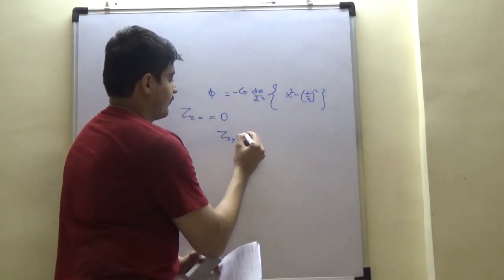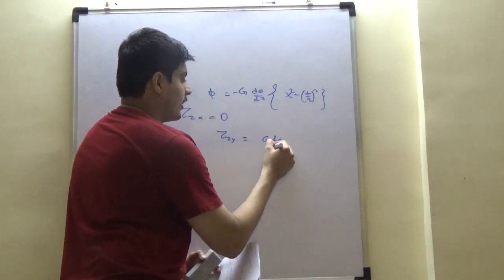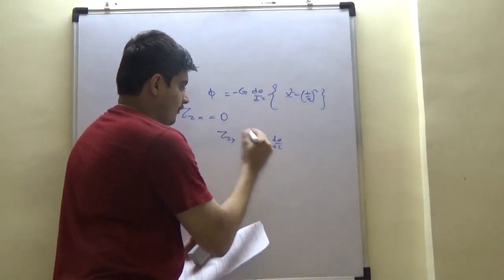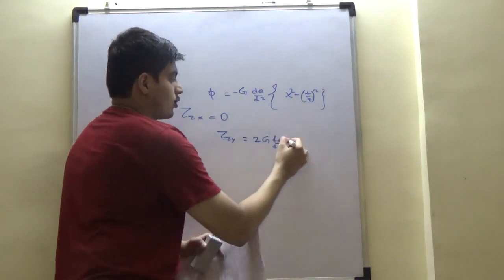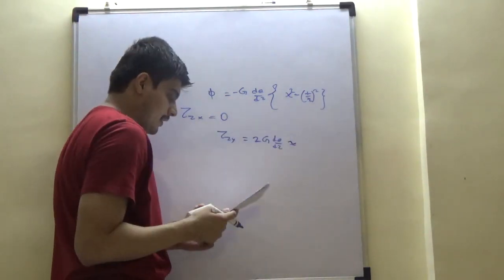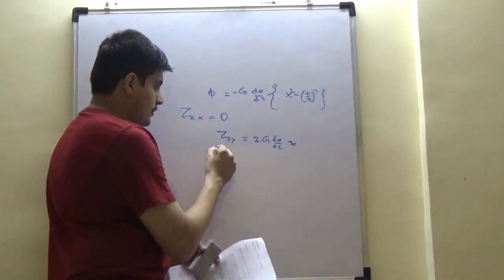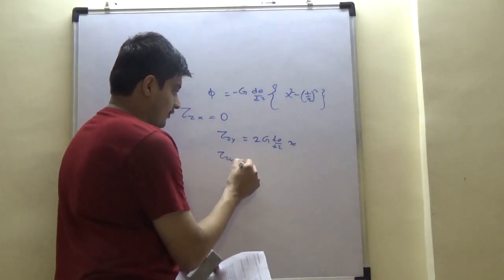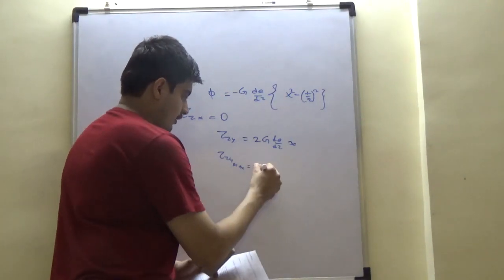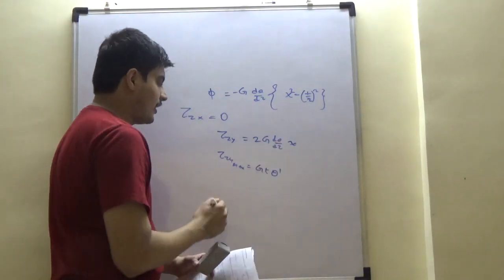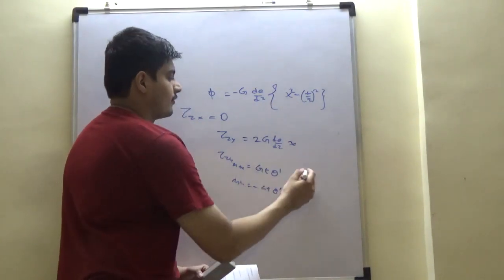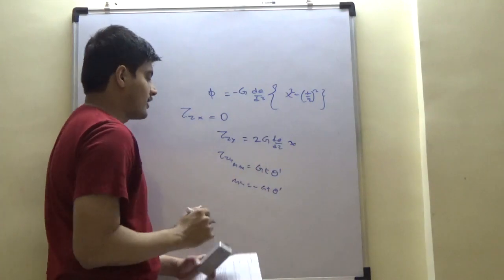This is G d theta by dz, and 2 times x, because it is minus of this, so this is my tau zy, which means tau zy max is 2G, so G t theta dash, this is simply theta dash, and minimum is minus G t theta dash, and it is 0 at x equal to 0.